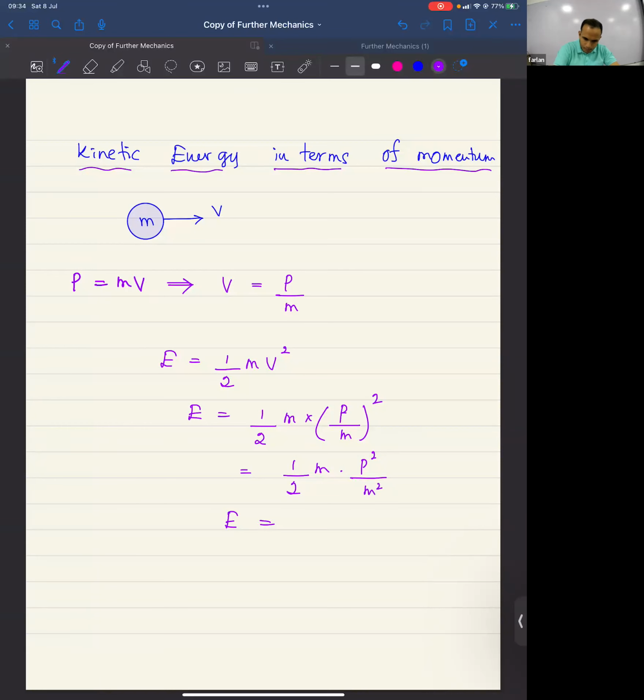One of these m's will cancel off, so you will get E equals P squared over 2m. So this is the relationship between kinetic energy and momentum. Kinetic energy of an object E is equal to momentum P squared over 2m. Okay, take it down.